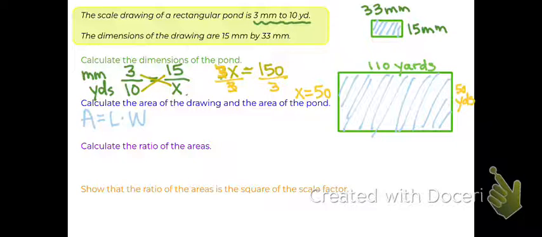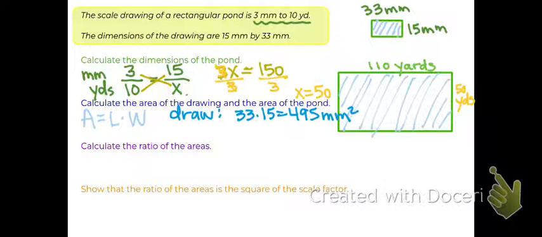So if we want to look at the drawing, the length is 33 and the width is 15. So if we multiply those, we get 495. And it's 495 millimeters squared because it's 33 millimeters times 15 millimeters.